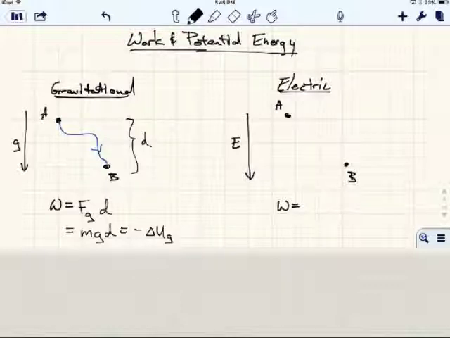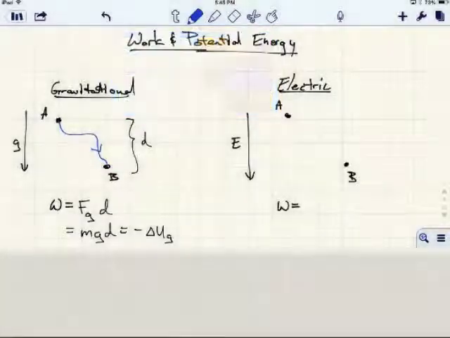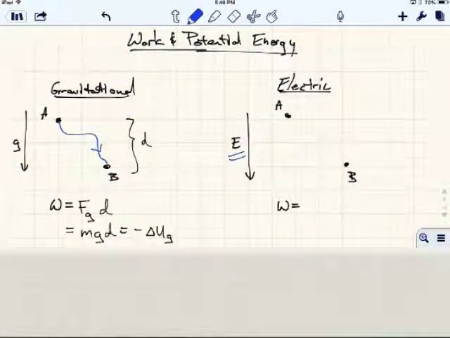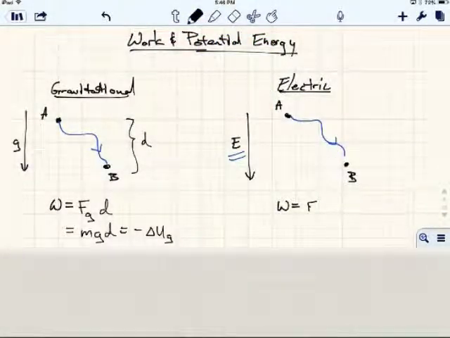Okay. So now let's say we have an object that starts at point A in a uniform electric field. We can take some path to get from point A to point B. The work that's done by the electric field is also calculated by the force of the electric field times the distance.